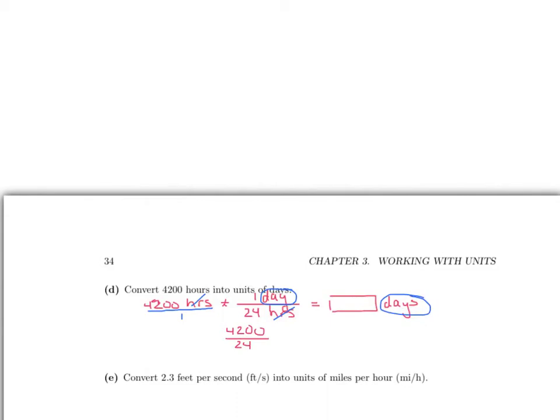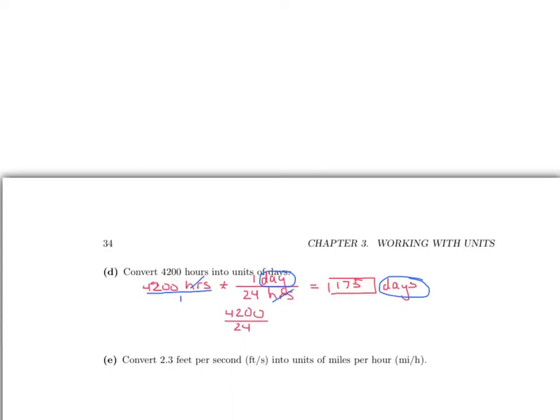That will give us the numerical value. In this case, that numerical value is 175. So we have shown through this example that 4,200 hours is equivalent to 175 days.